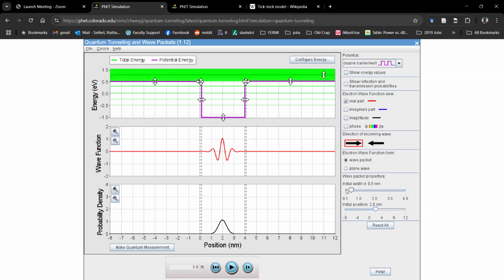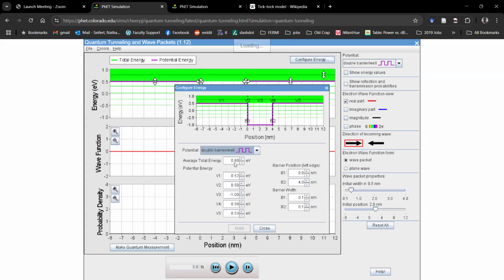Let's see, is there any way to set the energies on here? We can do the energy really quickly. I'm going to set the total energy of the particle to be basically at the ground state. The bottom of the box is minus 1 eV, so I'm just going to set it to minus 0.8. So it's got a little bit higher energy than the bottom of the box.